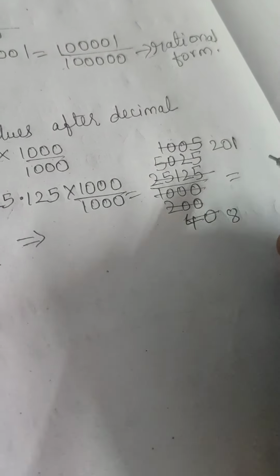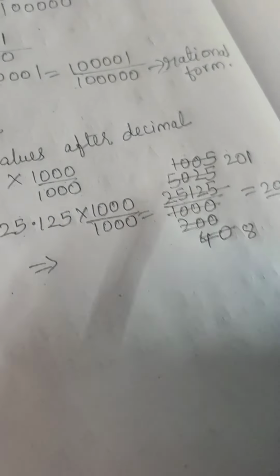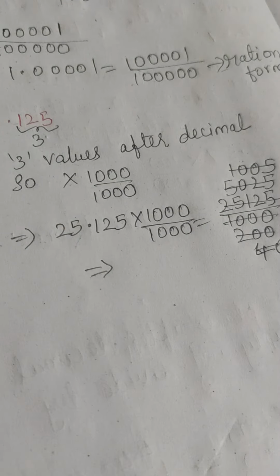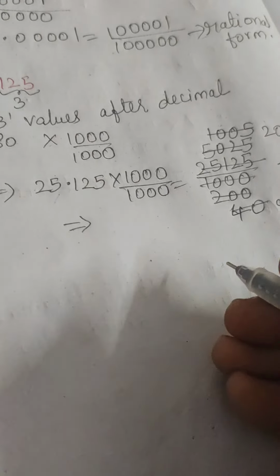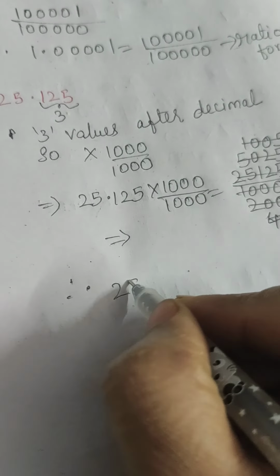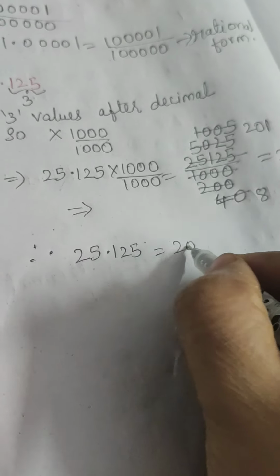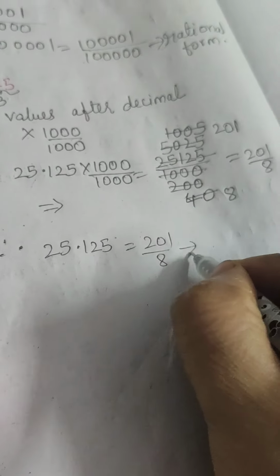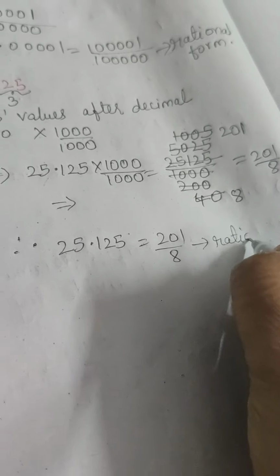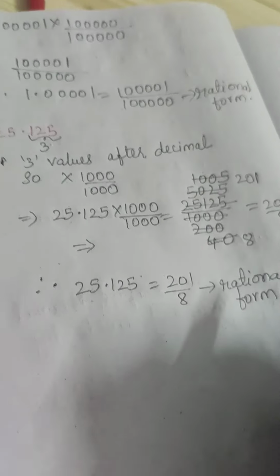We can't minimize this again. 201 by 8 is the final value we get here. Therefore the decimal number 25.125 is equal to 201 by 8 in rational form. This is the final value.